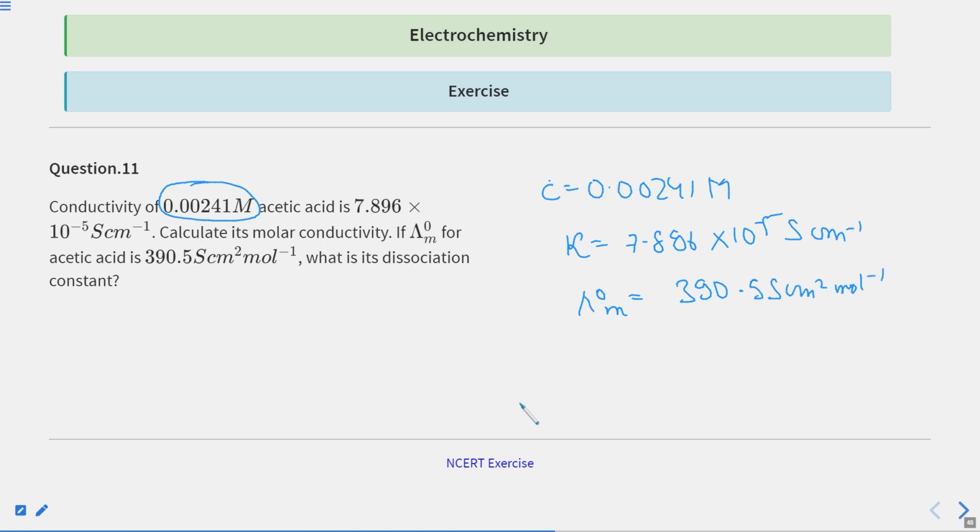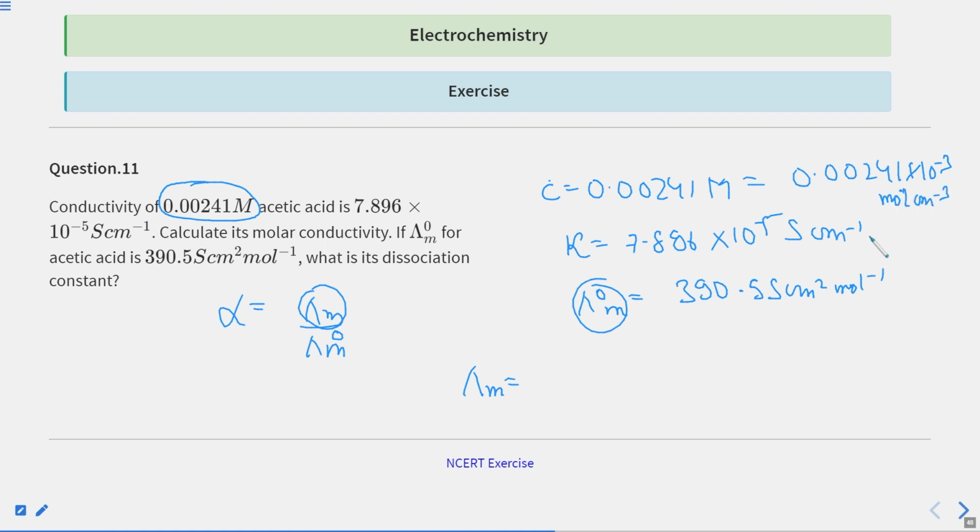We have to calculate the dissociation constant. For that we need alpha, because alpha equals lambda m by lambda naught m. We are given the value of lambda naught m, but the lambda m value is missing. We have just seen the formula: lambda m will be kappa by C. You have to convert this, so you multiply it by 10 to the power 3, which will give you mole per centimeter cube.